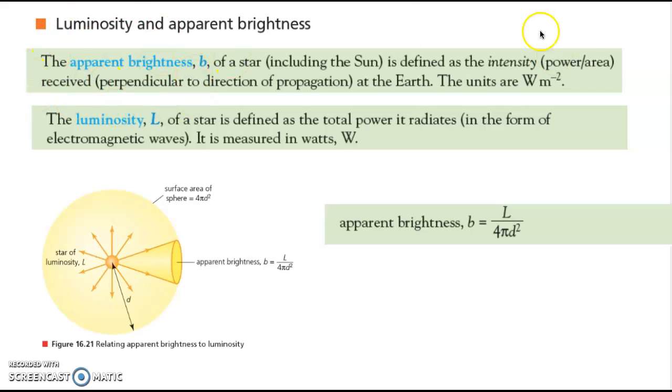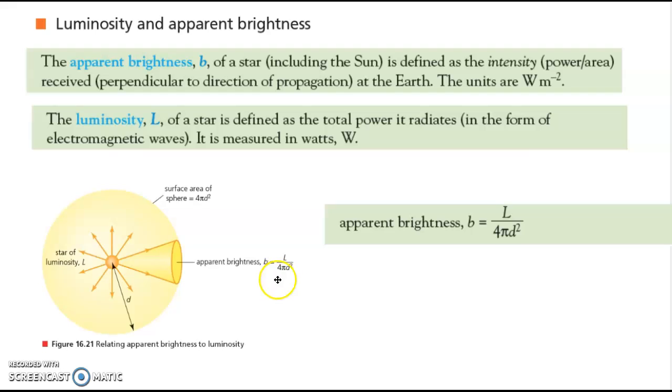The units are watts per square meter. The luminosity of a star equates to the power. So that's actually what's happening in the star. How much energy per second is the star itself giving off? That we would call the power. The power, the luminosity, per square meter, would then be the apparent brightness.